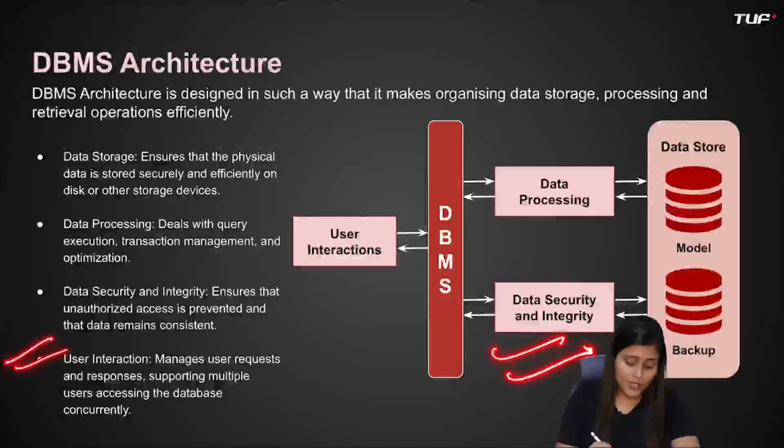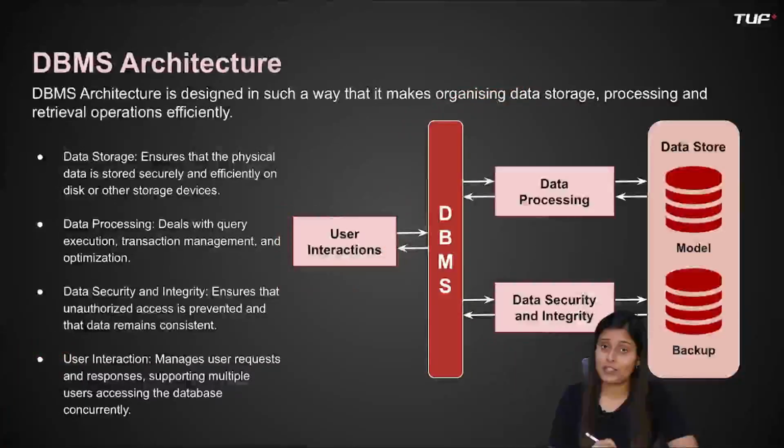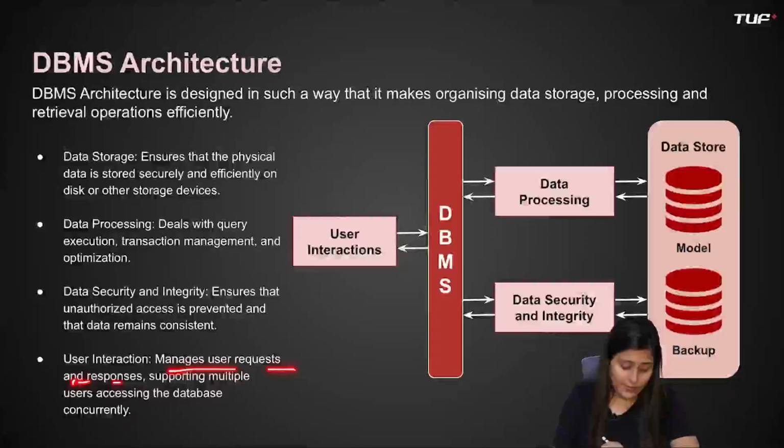Next is user interaction, which basically interacts with the DBMS with their query to get the response in the form of data. So it manages user requests and responses, supporting multiple users accessing the data concurrently.